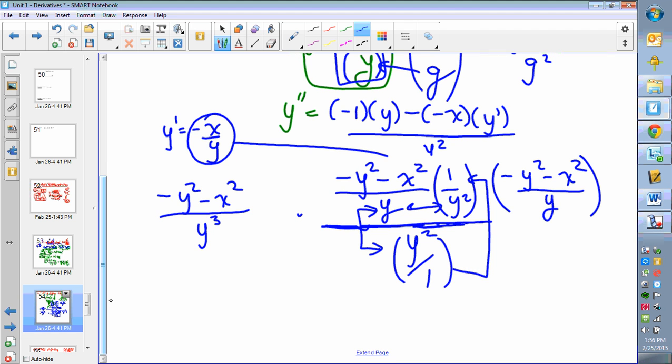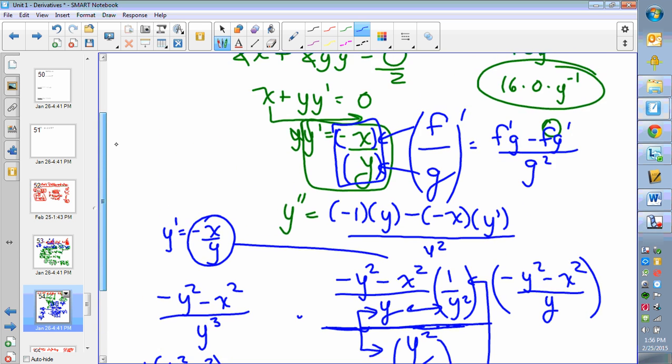Well, you look up the answer in the back of the book, it doesn't quite give it that way. Well, we could take a negative 1 exponent or a common factor out, and you get x squared plus y squared over y cubed. You look up your answer in the back of the book, of course, and they don't give that either. They say negative 16 over y cubed. And you're wondering what's up with that?